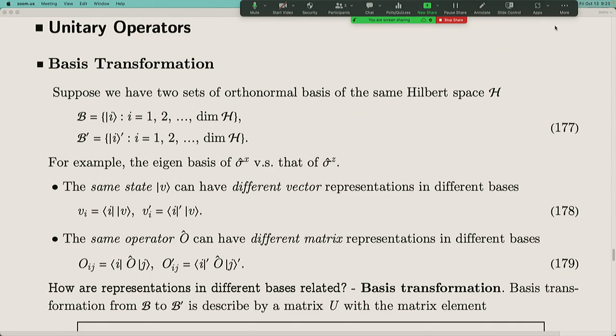But now suppose you have a vector like that over there, and you want to ask, how do I represent this vector in this coordinate system? Of course, it depends on your choice of coordinate system. If you represent the vector in this solid coordinate system, it may have a smaller first component than the second component.